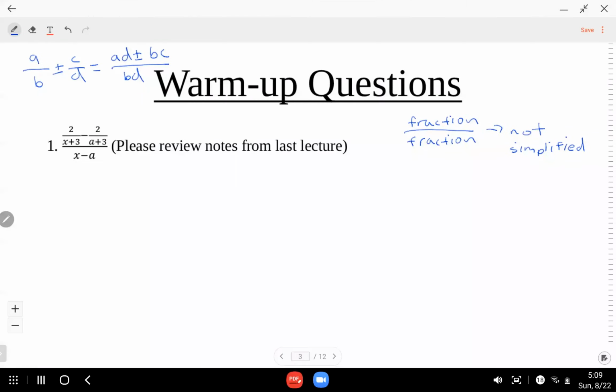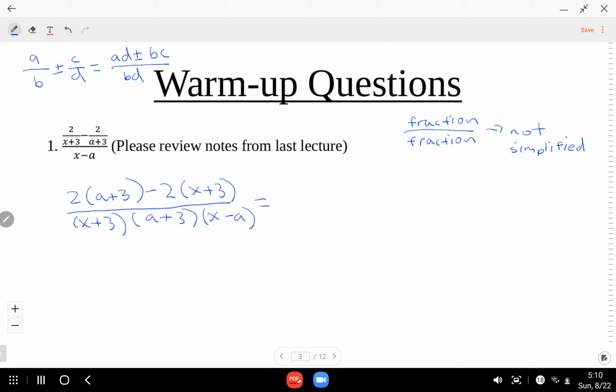All right, so let's combine these fractions. Remember AD, so 2 times a plus 3 minus 2 times x plus 3, over x plus 3 times a plus 3 times x minus 8. All right, there we go. We have simplified some of it.